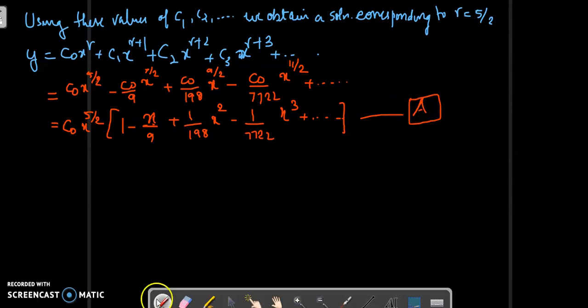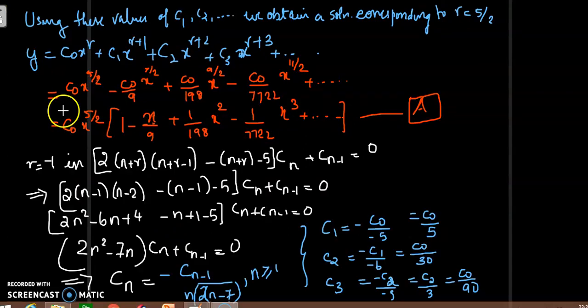I have to find part B corresponding to r = −1. That is also pending. I have to follow the same technique to find part B for the final solution. Put r = −1 in the previous recurrence relation and find at least up to 3 coefficients, C₁, C₂ and C₃.